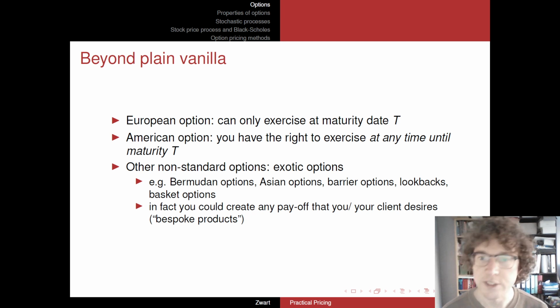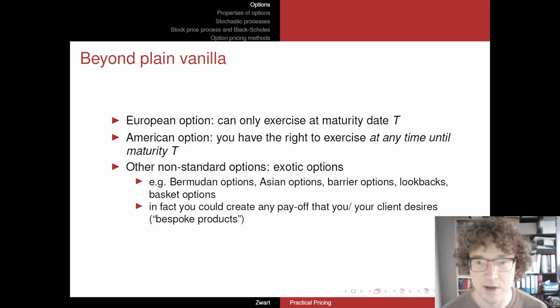A look-back option is an option which refers to some previous value, basically like this Asian option, which refers to the average price of the stock during the lifetime of the option. A look-back will refer to, for instance, the minimum or the maximum of this stock. Perhaps when you want to buy a stock, you might at some point say, well, I regret that I didn't buy it at some earlier time when the stock was still worth a bit less.